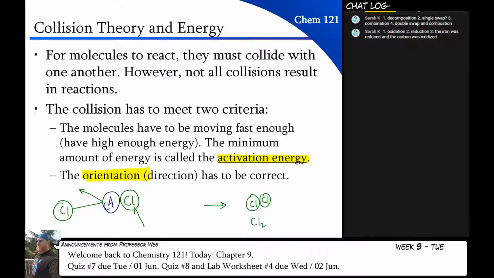But if it hit over here, the reaction would occur. So that's what's meant by orientation, is that not 100% of the reaction's collisions will result in a reaction occurring.